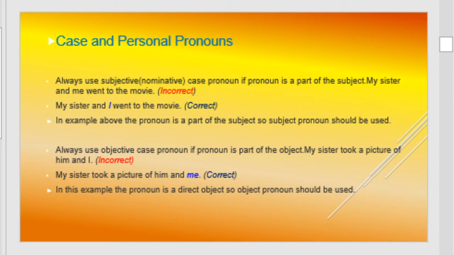My sister took a picture of him and I. So, part of the object. My sister took a picture of him and me. That is correct. In this example, the pronoun is a direct object, so the object pronoun should be used. Okay? Understand? Yeah, so let's continue.